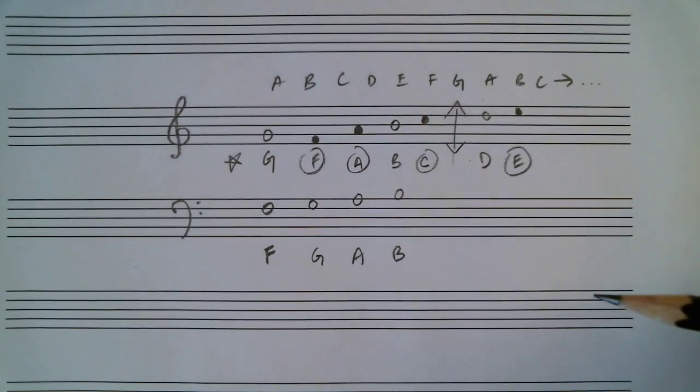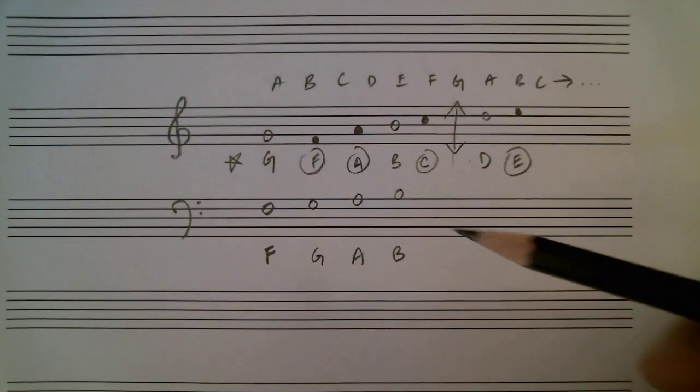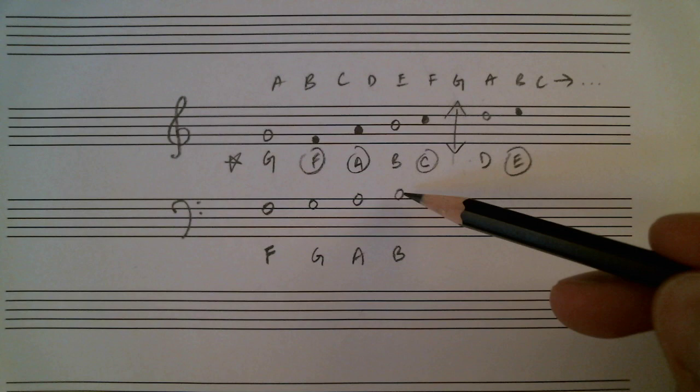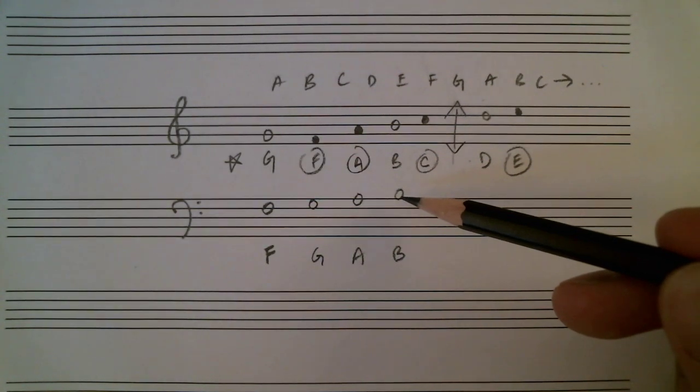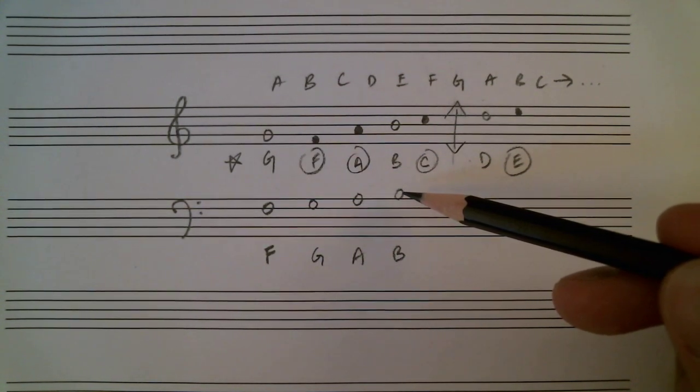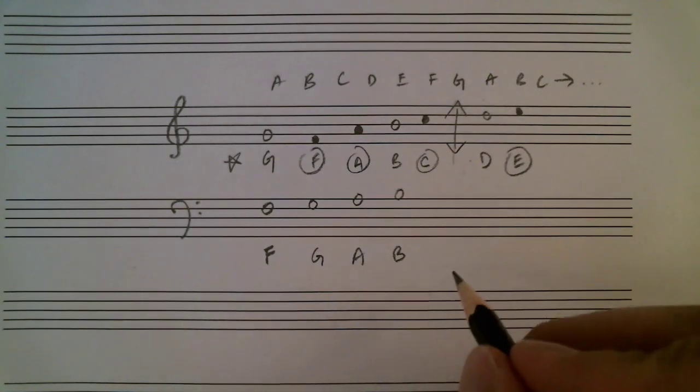Now, the last thing I'm going to go over in this video is that once we reach the top here, this is actually not technically one of the 4 spaces because it sits on top of the staff. But if I wanted to go even higher, that is to say, to write a C above this B, what I'll need is a ledger line.